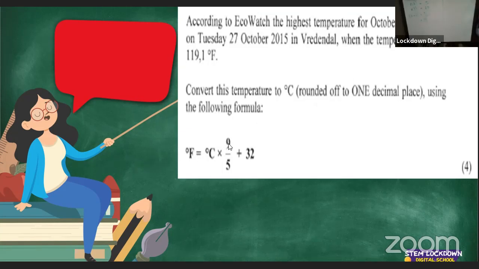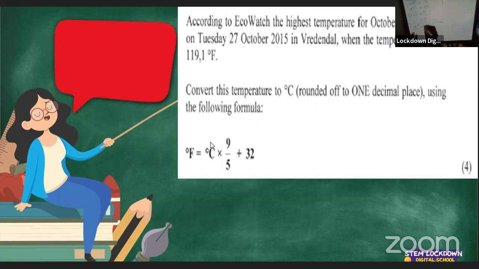Okay, so we want to make degrees Celsius the subject of the formula. This is an invitation to look at a concept that I like so much: the concept of change of subject of formula.